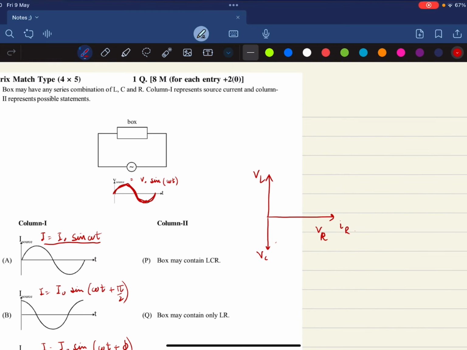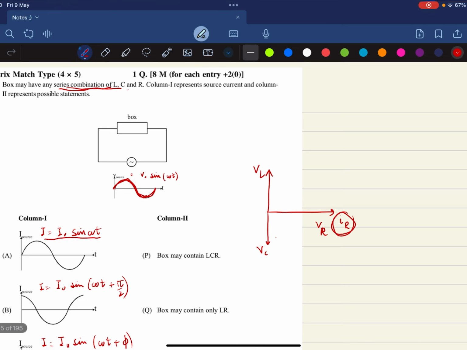And since this is a series combination, the current remains the same, the voltage actually changes as we have studied in LCR circuits.